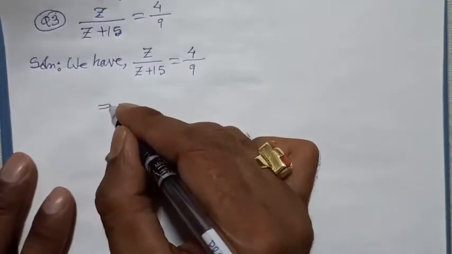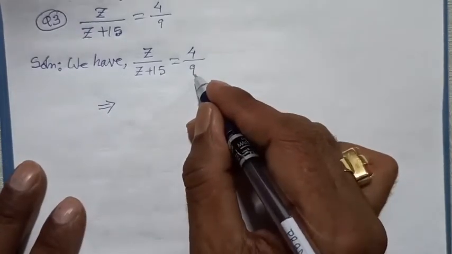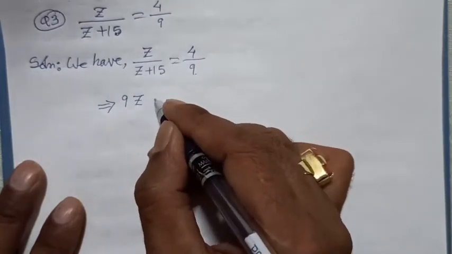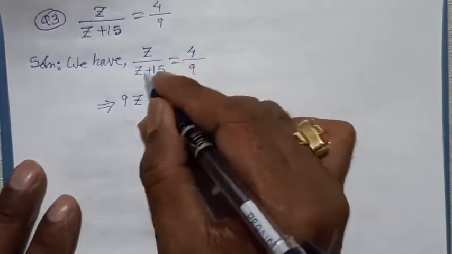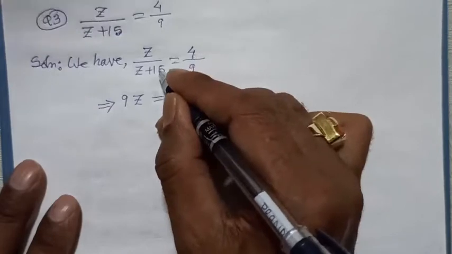Now next step, we have to use cross multiplication. 9 is multiplying to z, then 9z. Then 4 and z plus 15 are multiplying. 4 into z is 4z. 4 into 15 is 60. By cross multiplication.